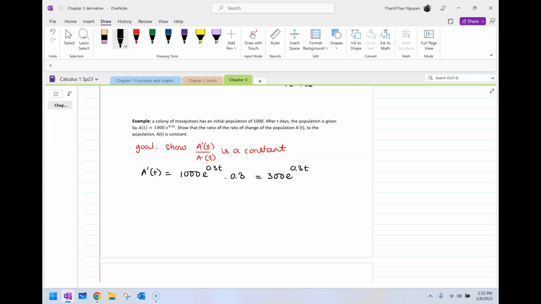So then the ratio A prime of t divided by A of t is equal to 300 times e to the 0.3 t divided by 1,000 times e to the 0.3 t, and this is 3 over 10. So this is a number, so then it is a constant.